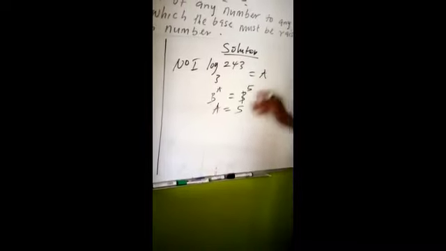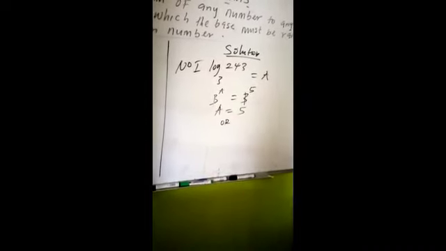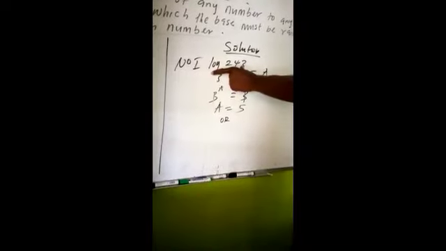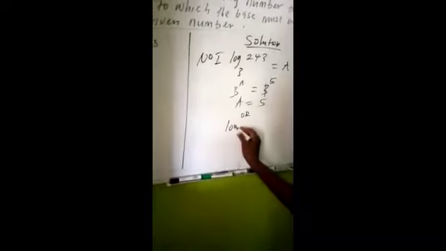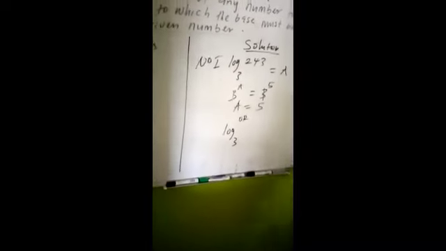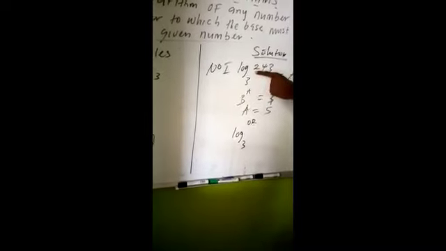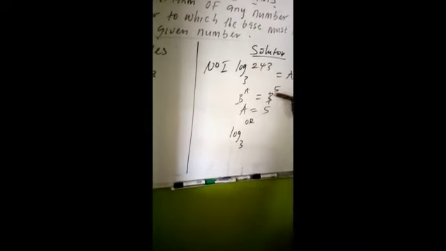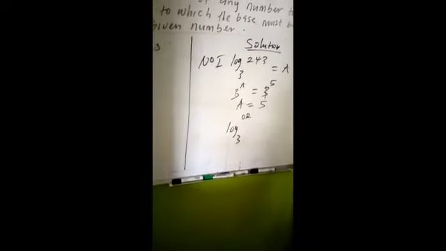Or you can go this way. So I'm using two formulas here. When you have something like this, log 243 base 3, we are solving with respect to the base. How many 3s are inside 243 is 3 raised to power 5. So any place I see 243, I replace it with 3 raised to power 5.